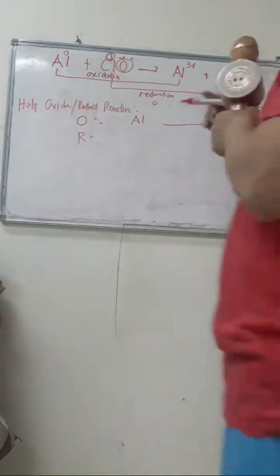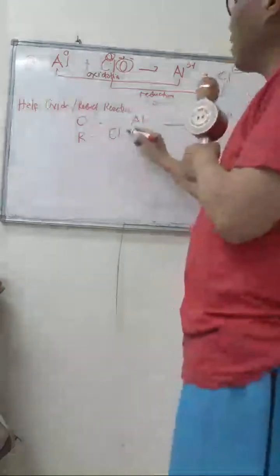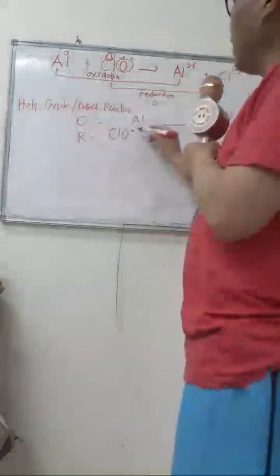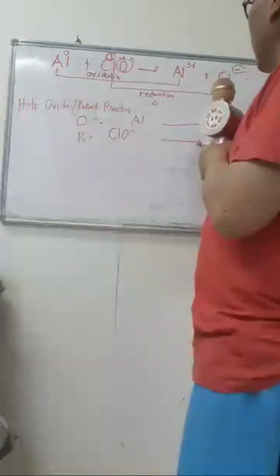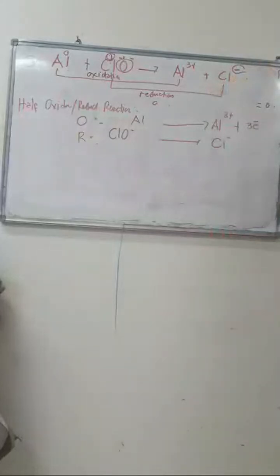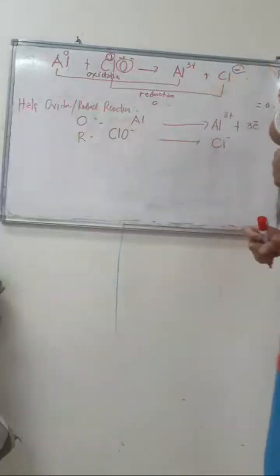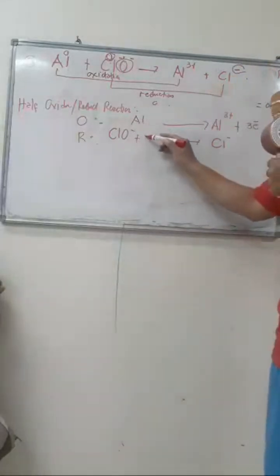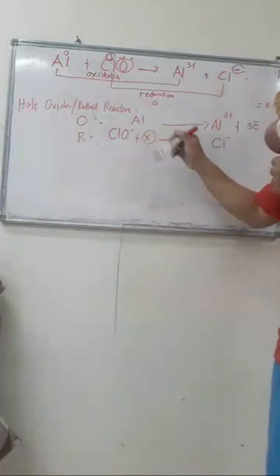Hypochlorite, negative, to chloride, negative. You need to add electrons beside the hypochlorite, so plus X. This is the time you will use an algebraic equation to get the number of electrons to be added to the hypochlorite.